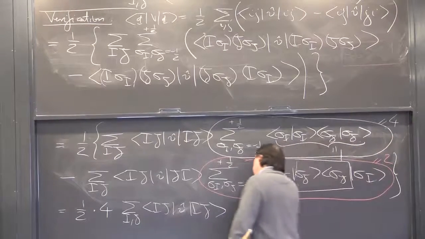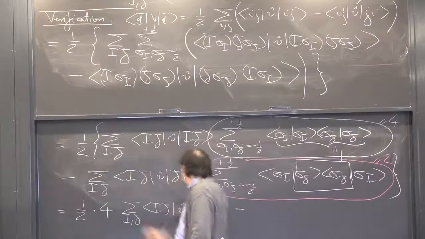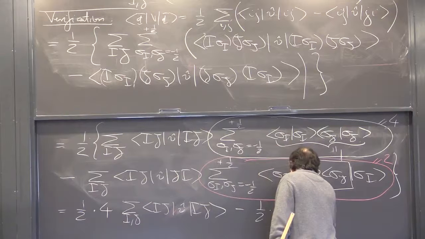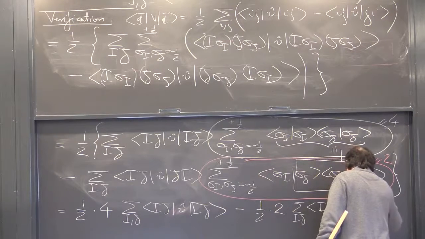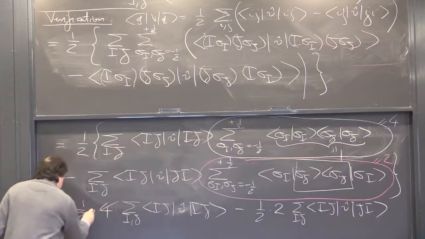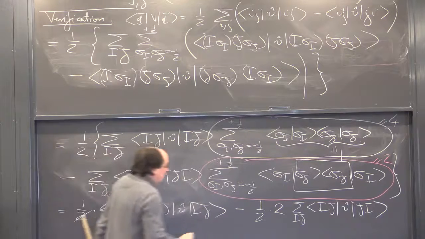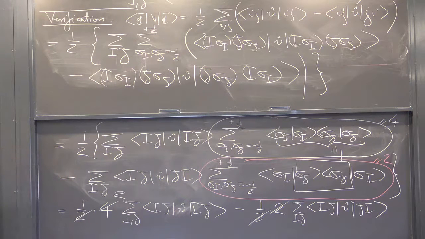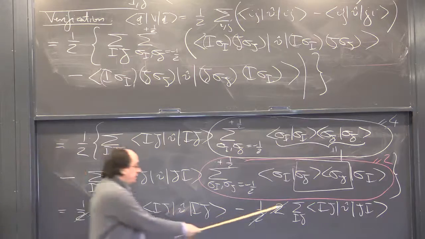So we end up with minus 1/2 times 2 times the summation over ij of V_ji. And of course, 4 over 2 gives you 2. The 2 cancels with that 1/2, and we end up with the right result: 2 times the Coulomb part minus the exchange part.